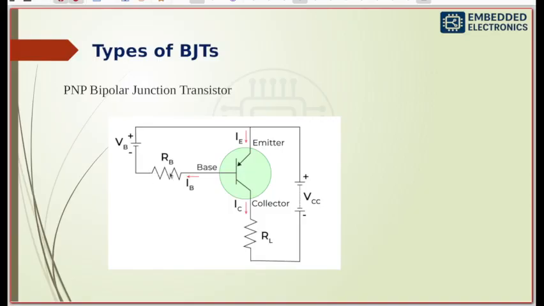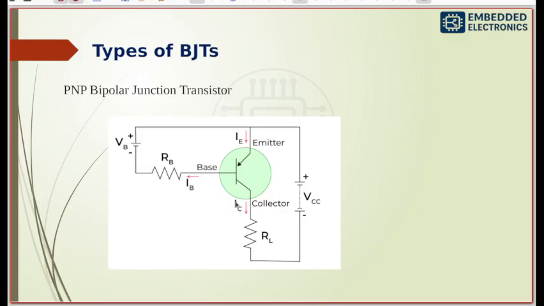In the PNP type, the emitter is P type, the base is N type, and the collector is P type. The emitter-base junction is forward biased here and the collector-base junction is reverse biased. Here also, for silicon 0.7 volt is applied and for germanium 0.3 volt must be applied.